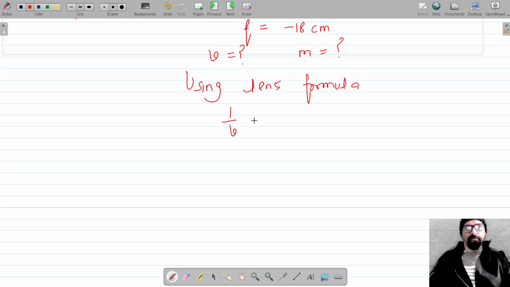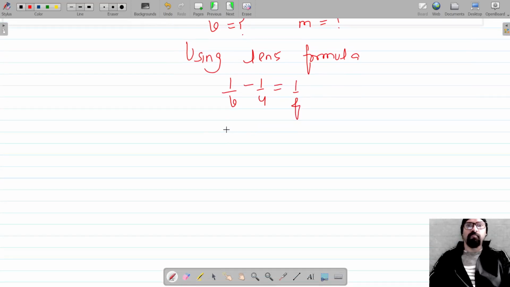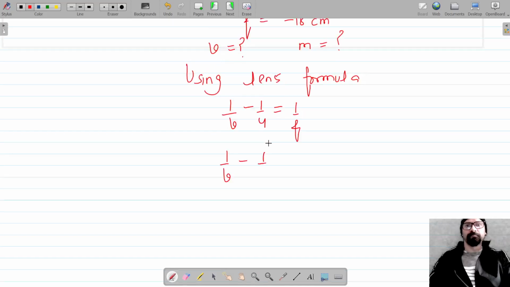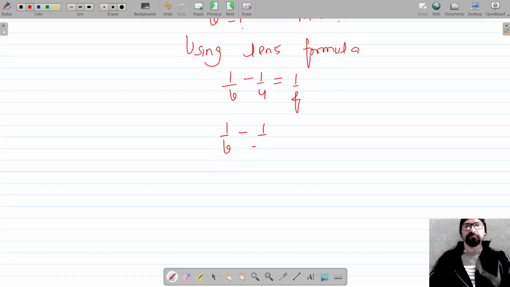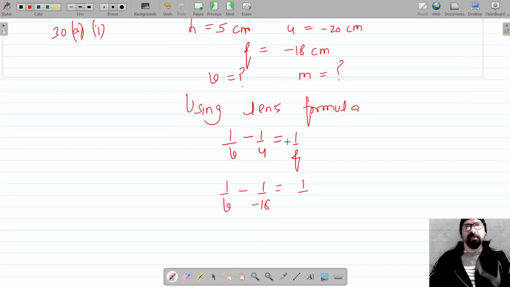So using the lens formula, which is 1 upon v, use negative 18 for f, sorry, use negative 20 for u.